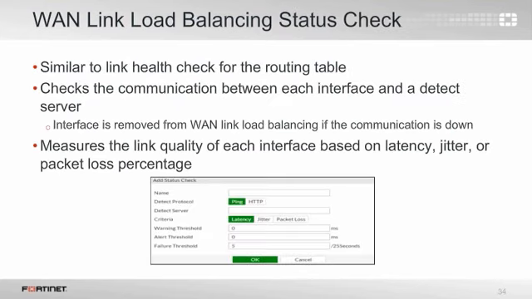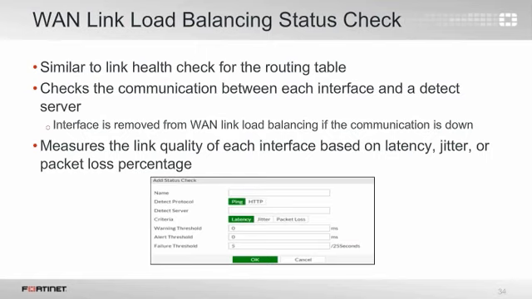You can configure FortiGate to check the status or health of each interface member. If you configure a detect protocol, a detect server IP address, and a failure threshold, FortiGate will periodically send IP packets to the detect server through each interface member. If the number of consecutive packets that receive no reply for one member goes above the threshold, that member is removed from WAN link load balancing.